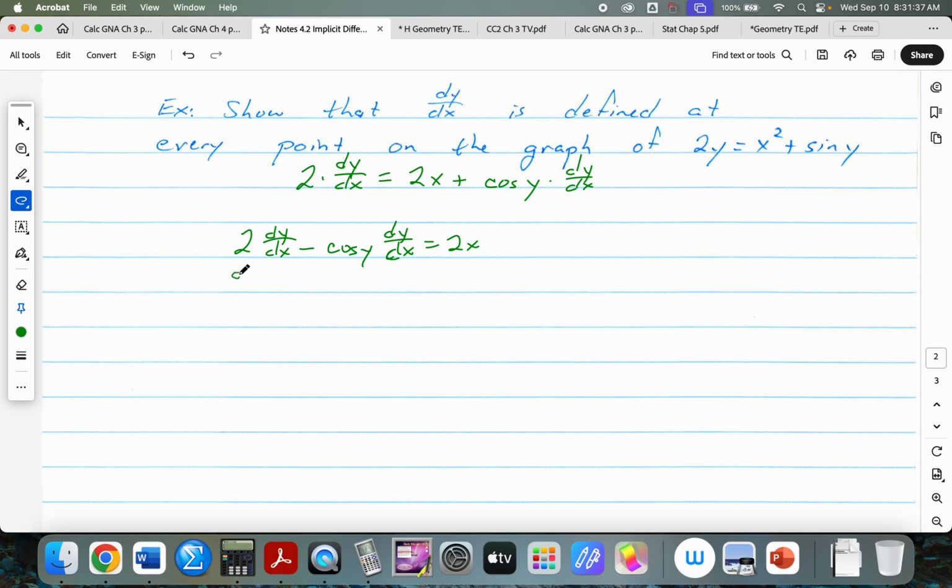Factoring out the dy dx, we have dy dx times 2 minus cosine of y is equal to 2x. So dy dx is equal to 2x over 2 minus cosine of y.